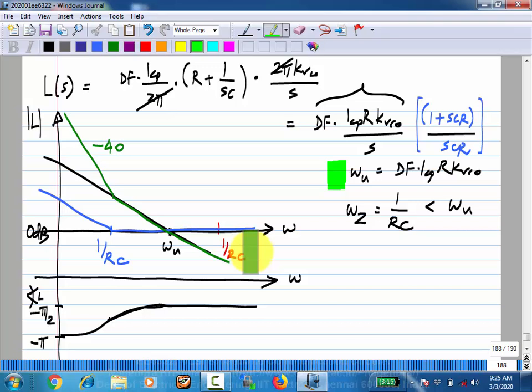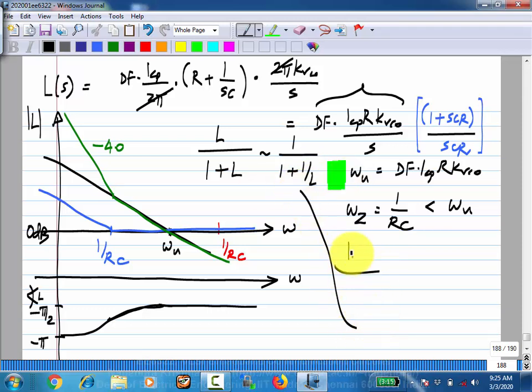Okay, that's the idea. So this omega u, the unity loop gain frequency, appears as the closed loop bandwidth. So if you calculate these things, in general, when you evaluate quantities involving transfer functions in a negative feedback loop, you will have terms of this form: L by 1 plus L, where L is the loop gain, or this can also be written as 1 by 1 plus 1 by L. So what is this quantity when loop gain magnitude is very large? 1.